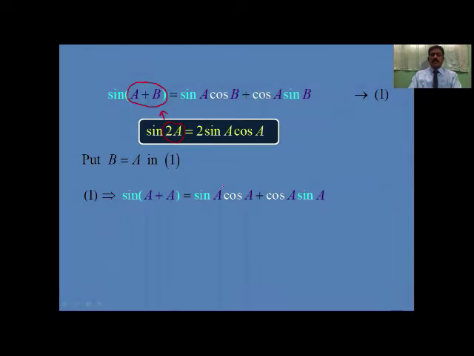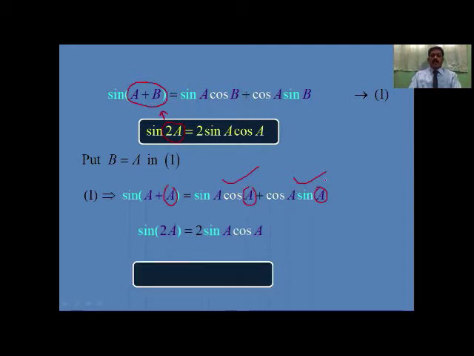Wherever b is there, we have replaced it by a. So if you observe now, these two are the same terms, so we add the terms. Therefore your LHS is sine 2a, equal to your RHS, 2 into sine a cos a.